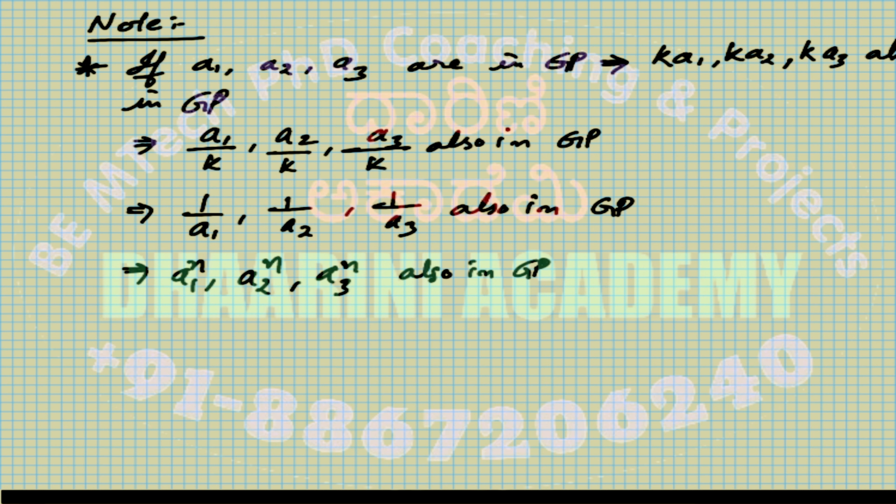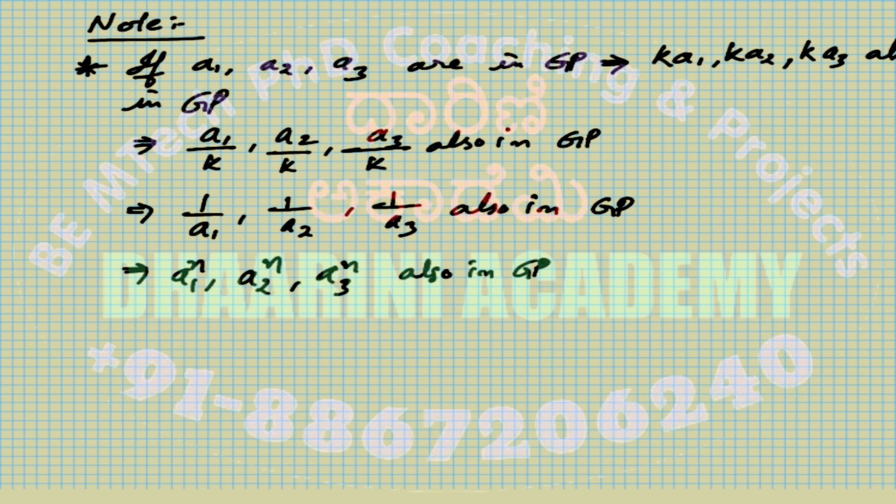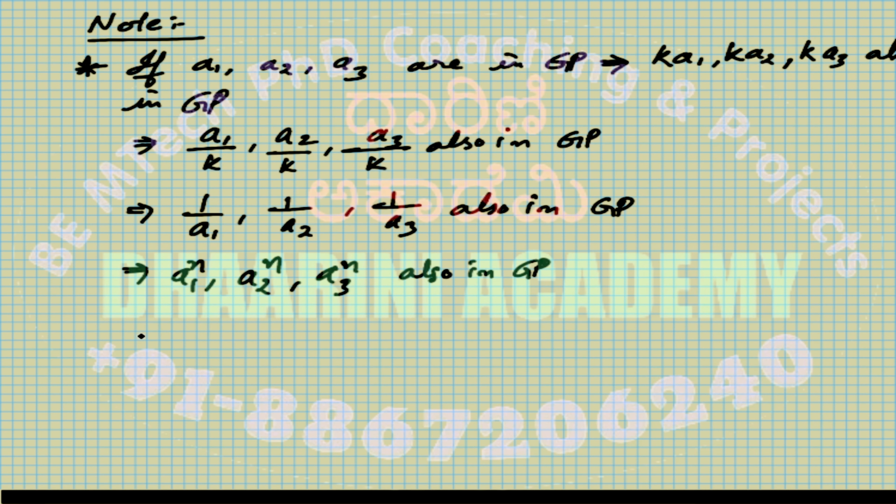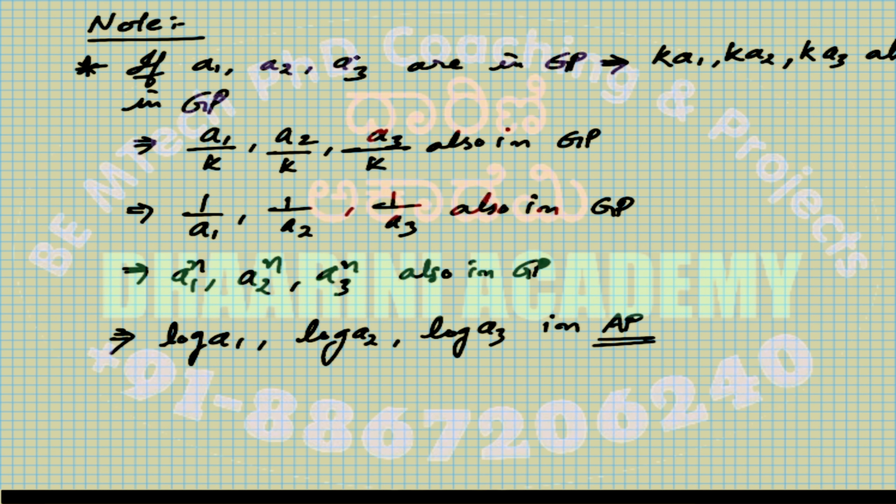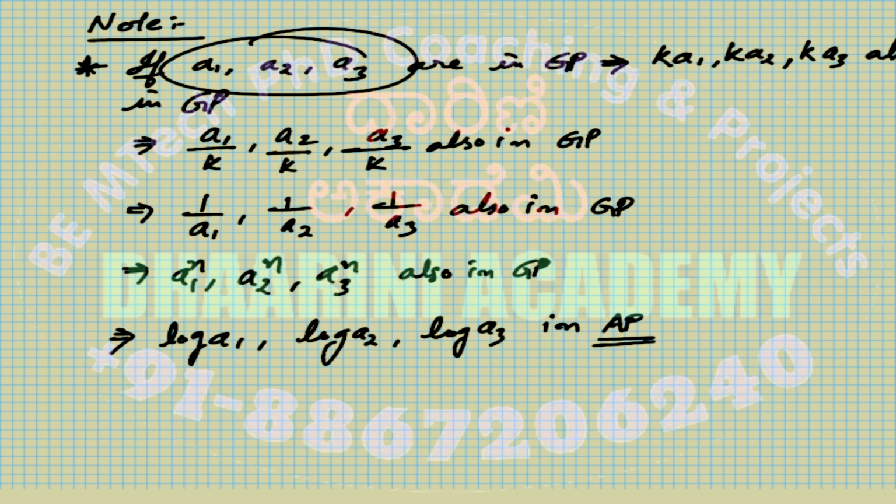Again, in this case, the common ratio is going to change, but definitely GP will be there. Then make a note. If I take the log terms, log A1, log A2, log A3 is not in GP, it is in AP. So A1, A2, A3 in GP means log A1, log A2, log A3 will be an arithmetic progression. Very important.